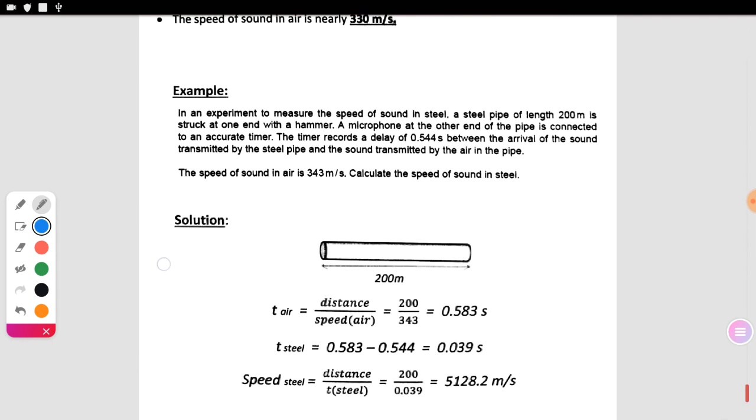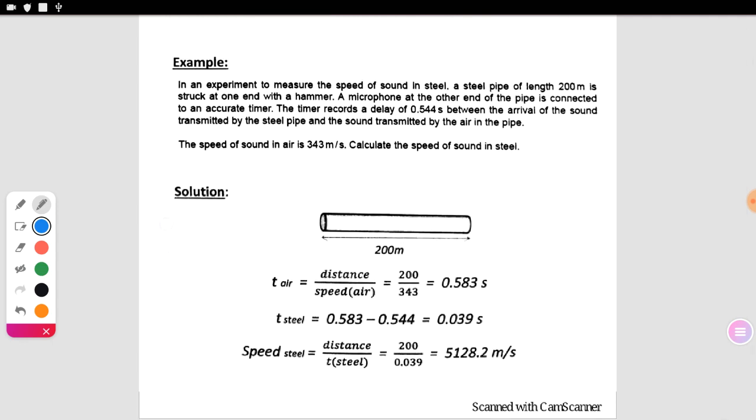Example: an experiment to measure the speed of sound in steel. We need to determine the speed of sound in a steel pipe of length 200 meters, struck at one end with a hammer.